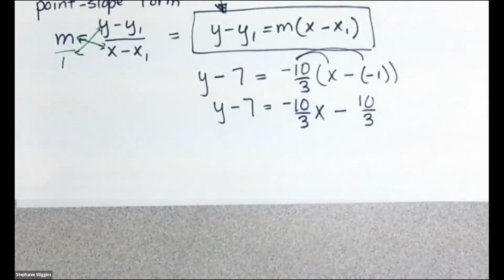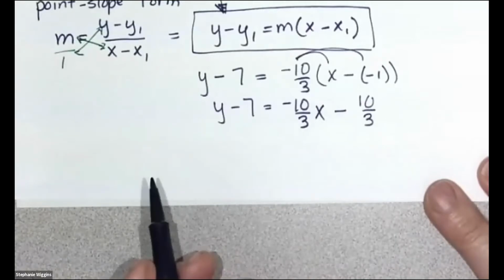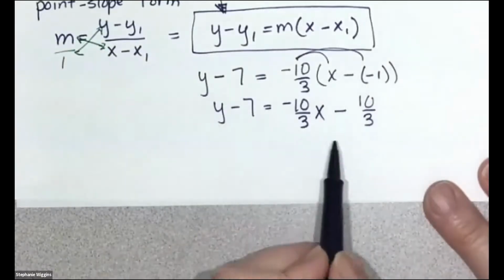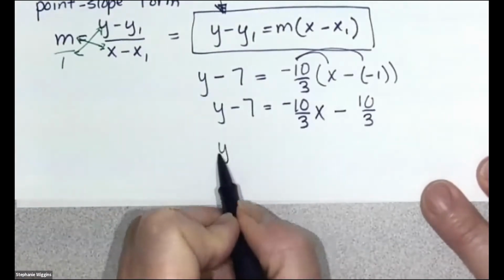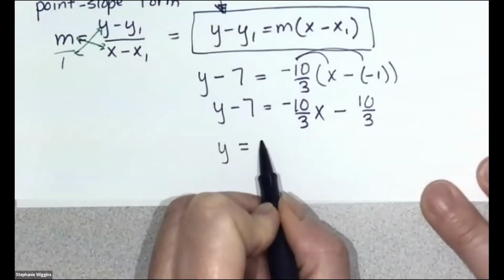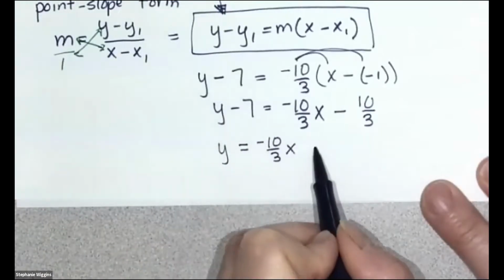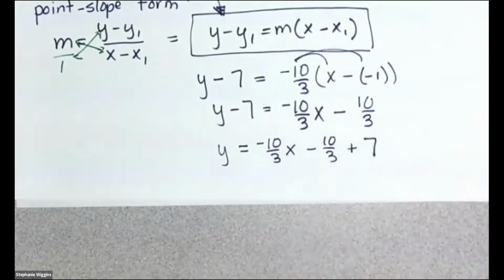All right. So this is the point-slope form, and now as you can see, if I add 7 to both sides, I'm going to get -10 thirds x minus 10 thirds plus 7.